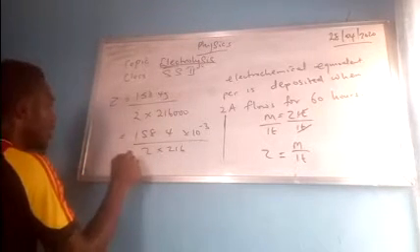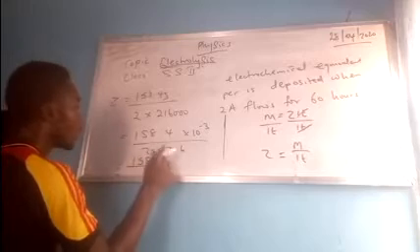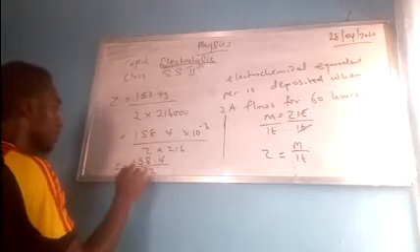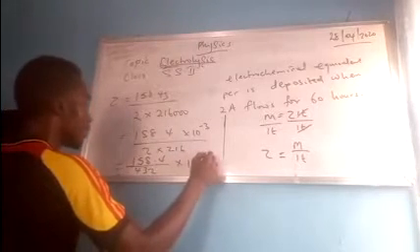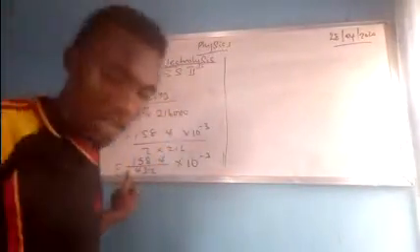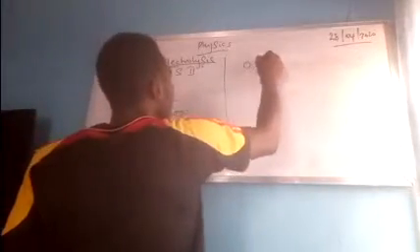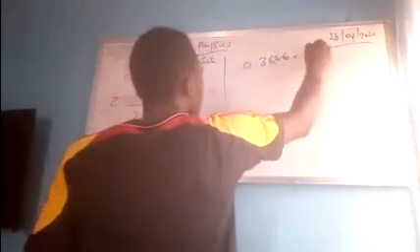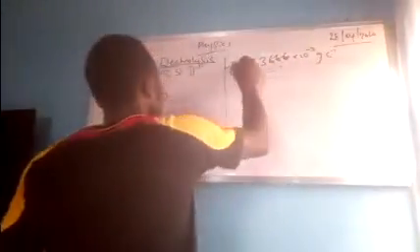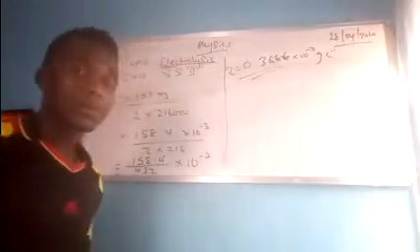From here, 158.4 over this, and if you divide this, you should have something like 0.3666 times 10 to the power of minus 3 grams per coulomb. So this is your Z. This is another example of how to calculate our electrochemical equivalent.